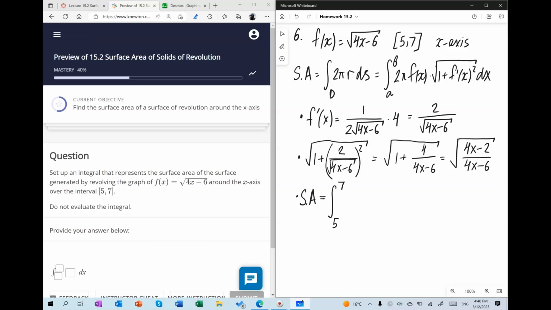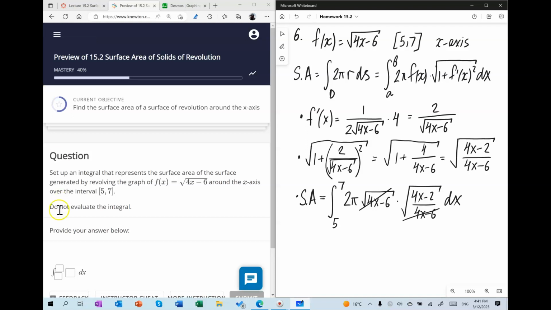So the integral is going to be from 5 to 7 of 2 pi f of x times the radical, and this is where you can see this actually cancels out, right?